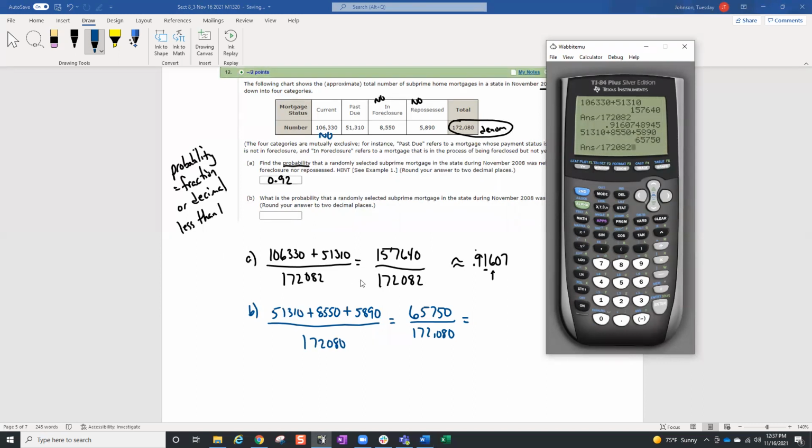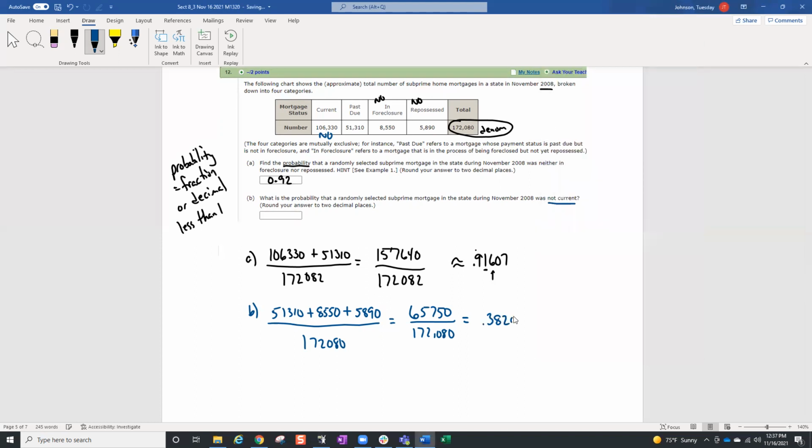That's not an 8.2. I divided wrong and nobody told me. I'm guessing it doesn't change that much. I got to use the right number. Let me finish this one first. 0.382. 2 decimal places, so this should be 0.38.